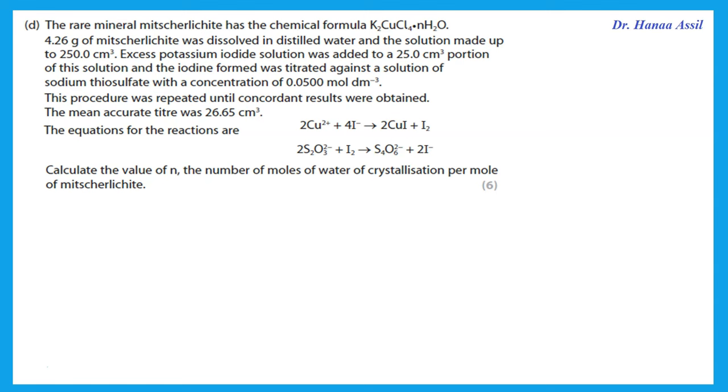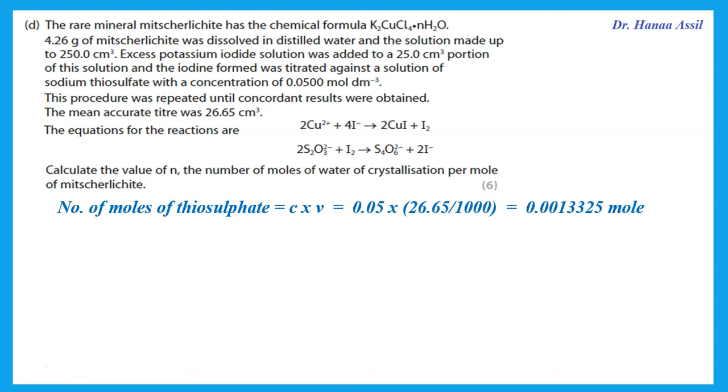So, what's the first thing we should do? We should get the number of moles of thiosulfate. We're given the concentration of the thiosulfate, 0.05. We're given the titer, 26.65, so divide by 1000 to get it in decimeter cubed. This gives us the number of moles of thiosulfate. Then we look at the equations.